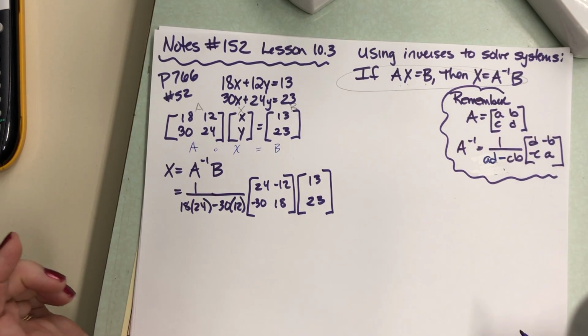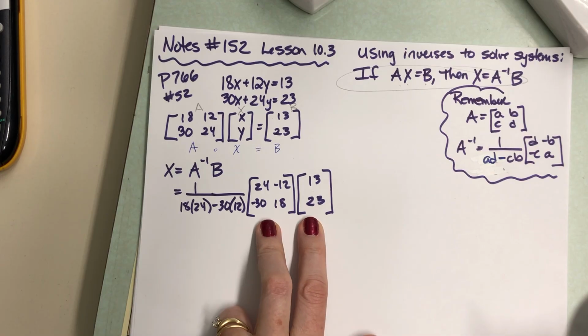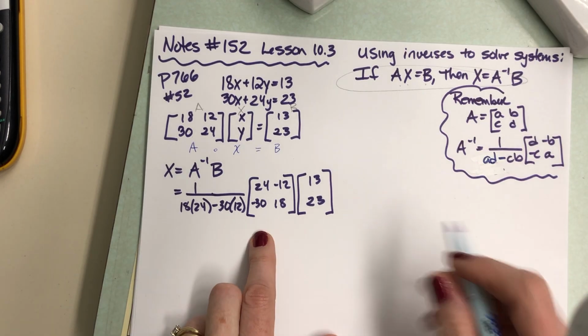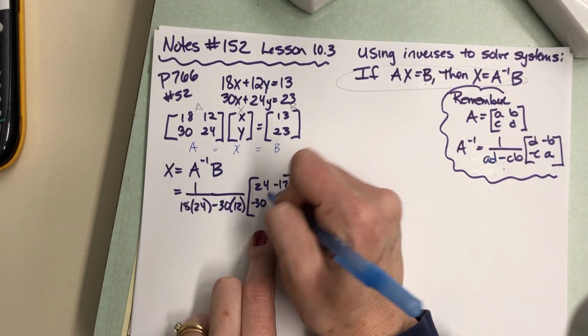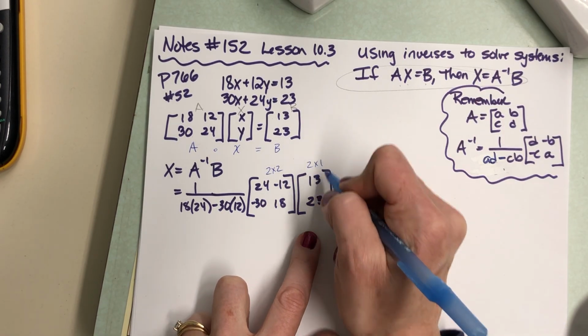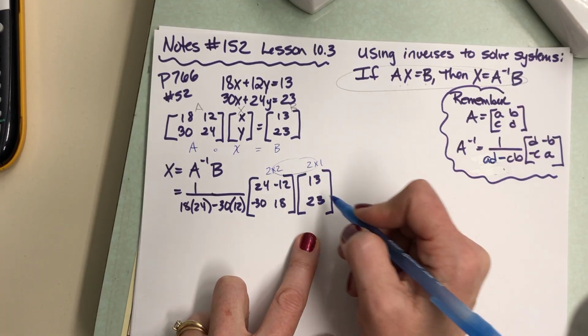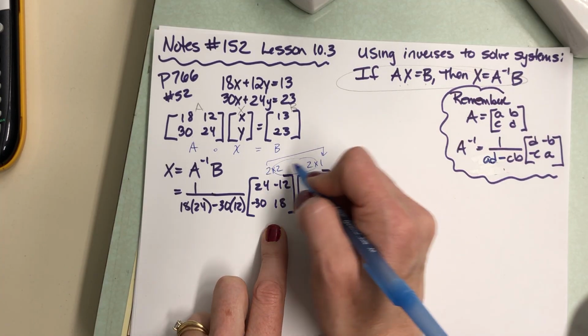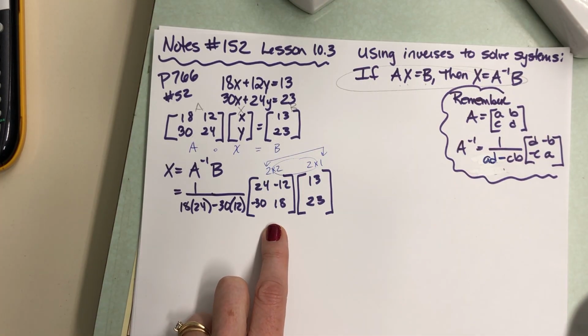Okay. What you want to do here, and I've got to be totally honest with you, I would multiply these two together first. Size-wise, this is a 2 by 2 matrix, and this is a 2 by 1. So the 2's on the inside are the same, and your answer is going to be a 2 by 1.